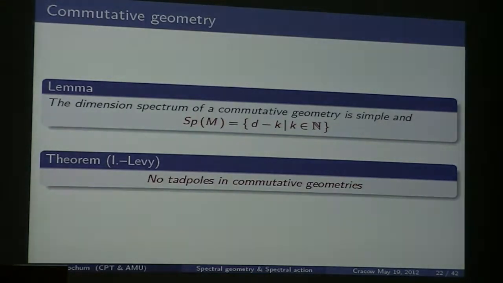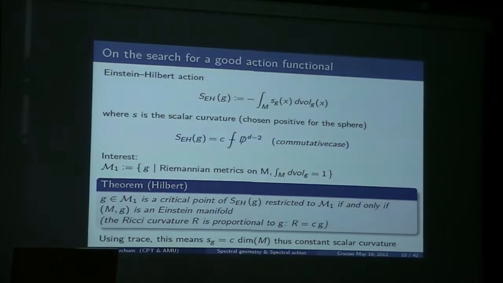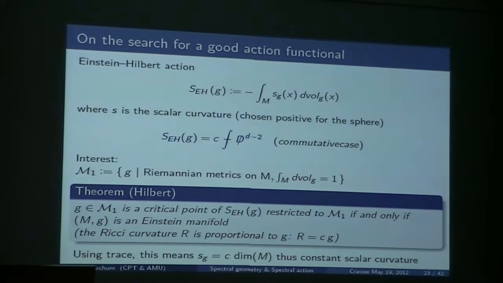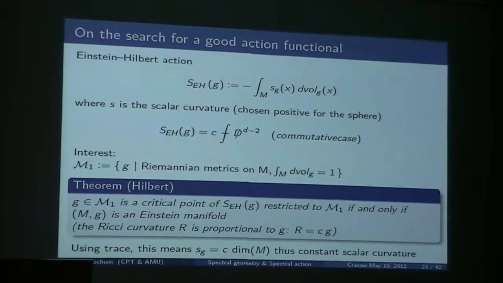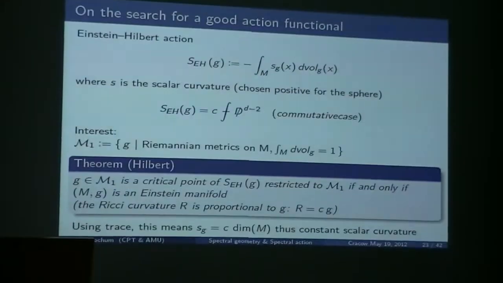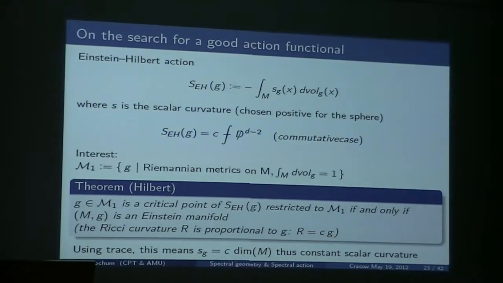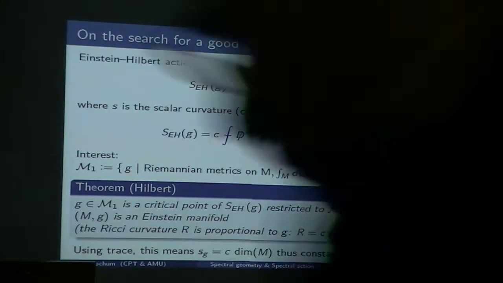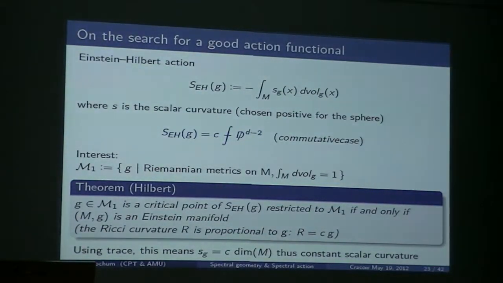Now I'd like to continue with the second part, which is the search for a good action functional, which is important in physics: how to define an action. There are plenty of actions in physics. We have, for instance, the Einstein-Hilbert action. You have a manifold with a metric g, and the Einstein-Hilbert action is just the integral of the scalar curvature on your manifold.